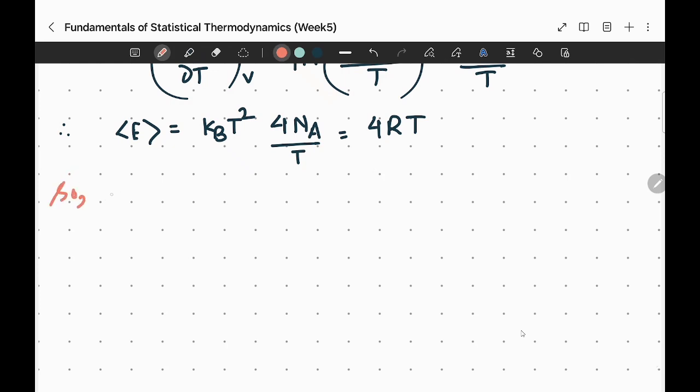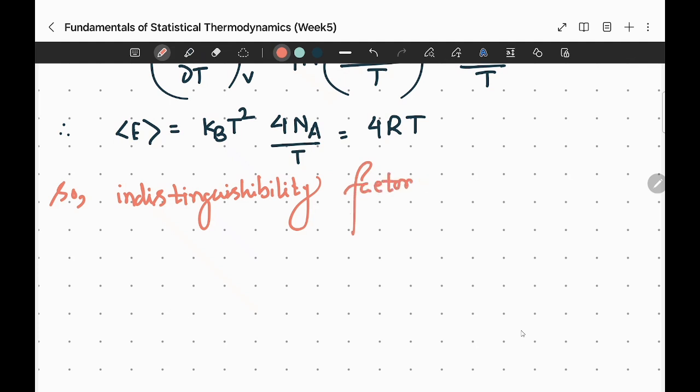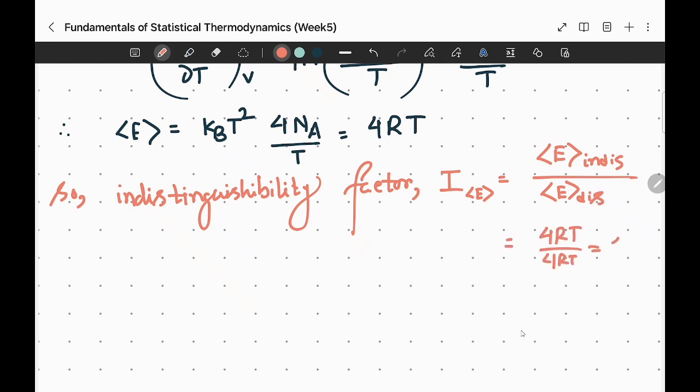So indistinguishability factor, what will be the indistinguishability factor? Let me term it as I. For internal energy, it will be internal energy considering indistinguishable particles divided by considering distinguishable particles. So in both cases, these are 4 RT, so it will be 1. Is it clear?